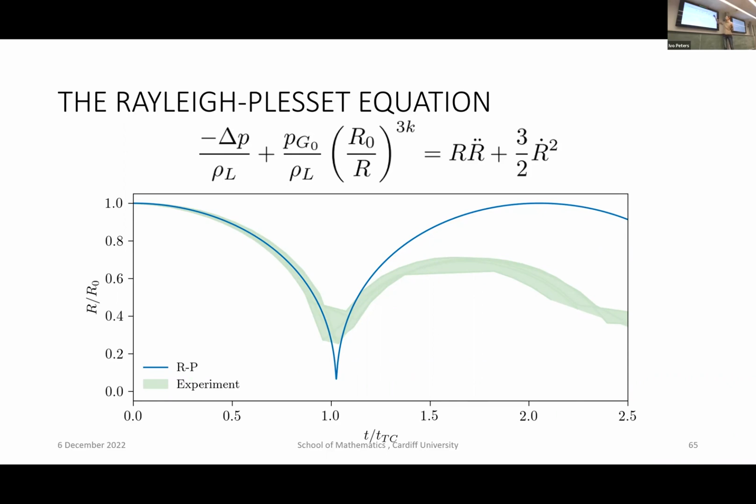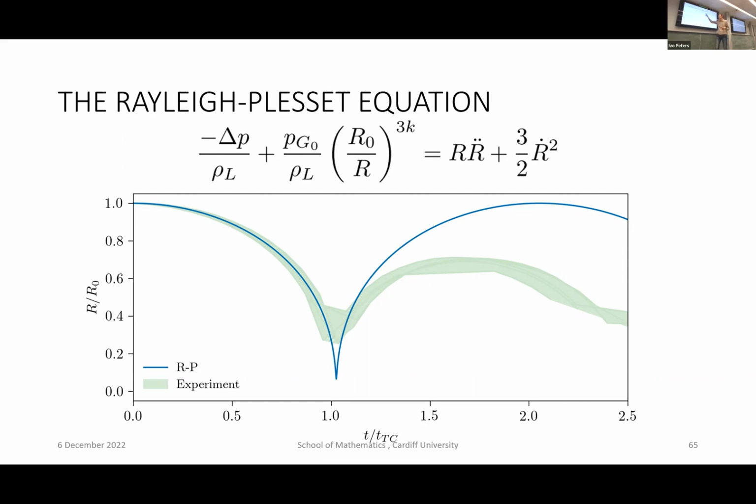But here we're just dealing with pressure difference, a bit of simplified thermodynamics, and inertia. That's all that's in here right now. And the main thing that we're interested in is that it predicts the initial collapse well, which it does.